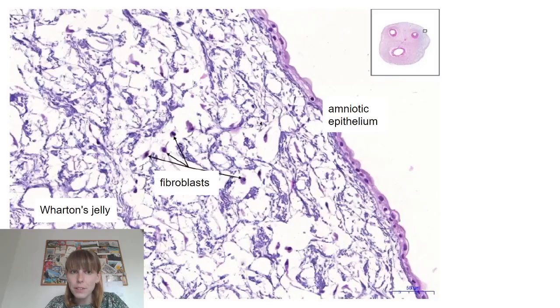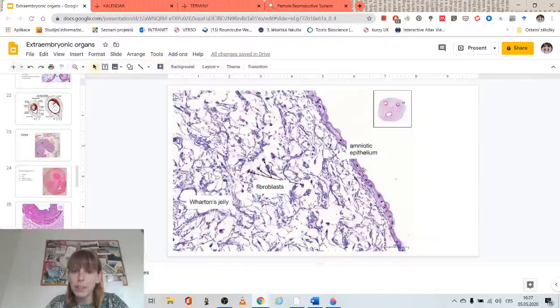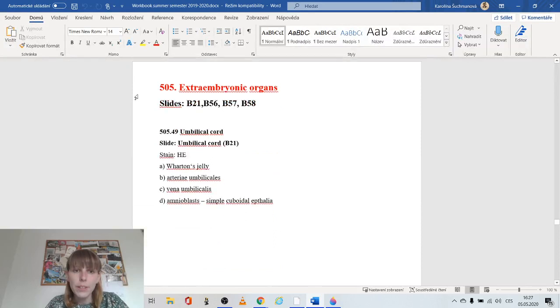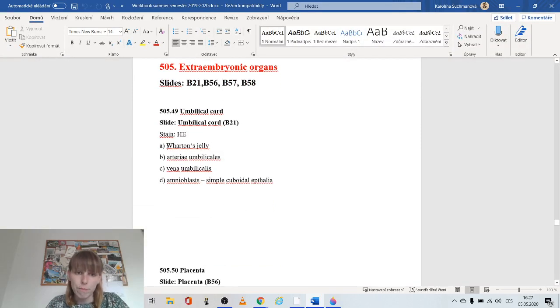So this is the umbilical cord, and in the workbook you have that you should be able to identify what's the Wharton's jelly. So that's very easy. That's like everything that's filling the umbilical cord, and you should be able to differentiate the umbilical arteries and the umbilical vein, and you should be able to find the simple cuboidal epithelium of amnioblasts lining the umbilical cord.